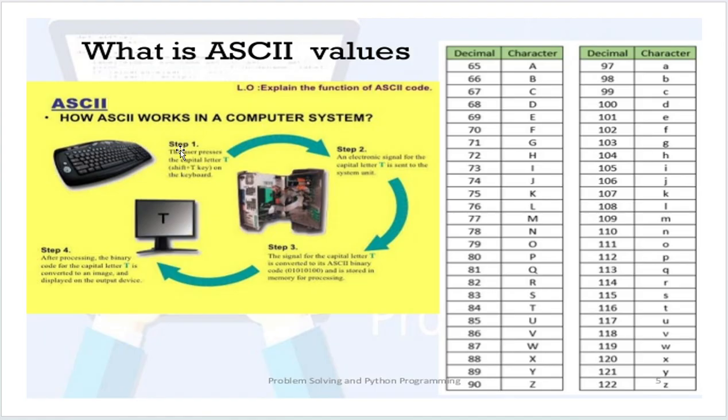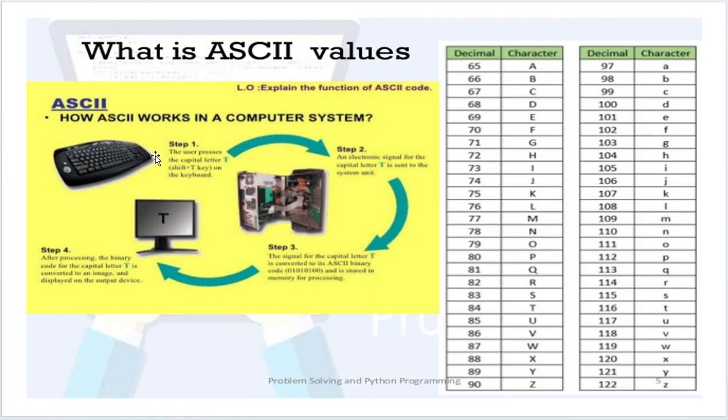Once it is stored and processed, the last step is that the binary code, for example if the capital T is pressed, will be converted to the image and displayed on the output device. So this is how, when a key is pressed on a keyboard, it is displayed on the system as the alphabet.